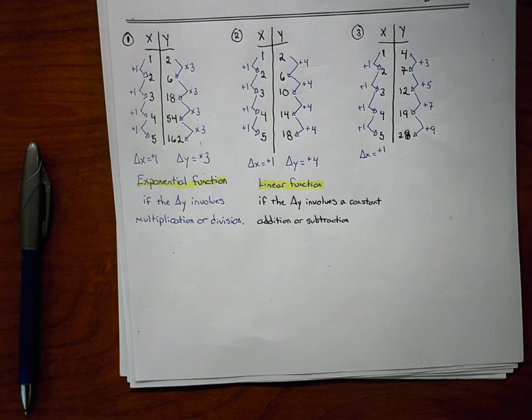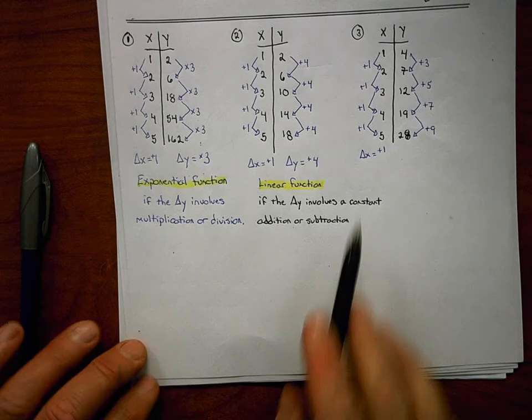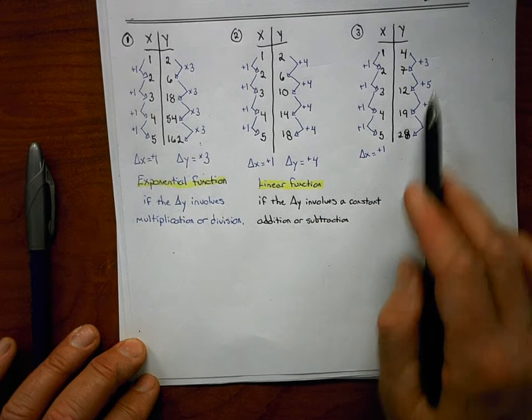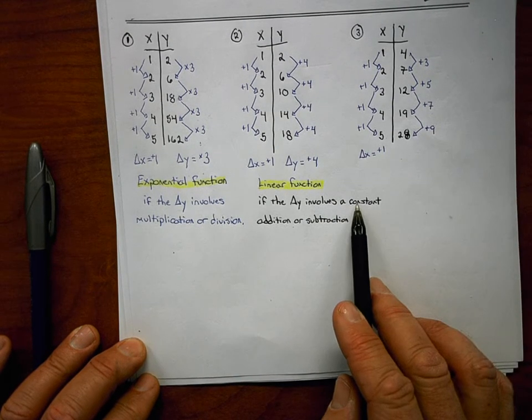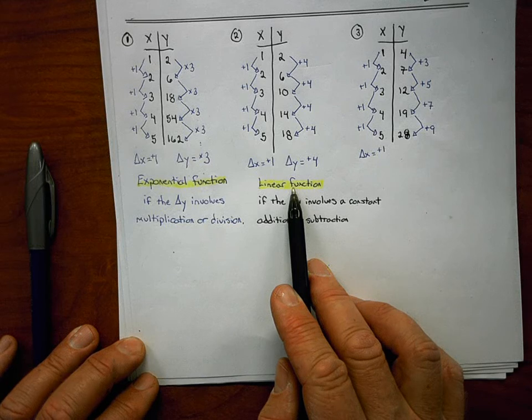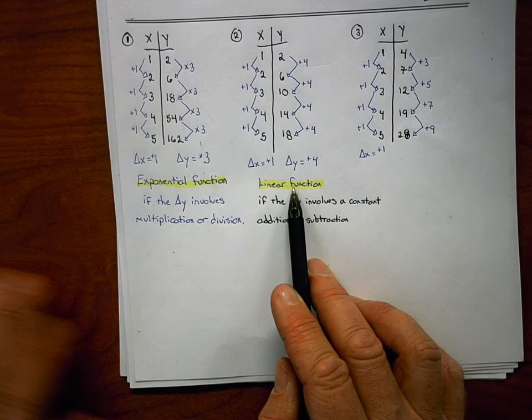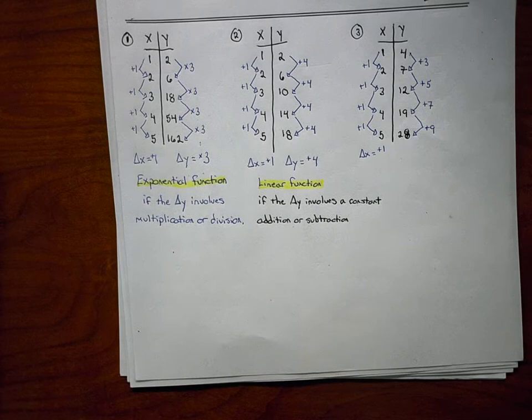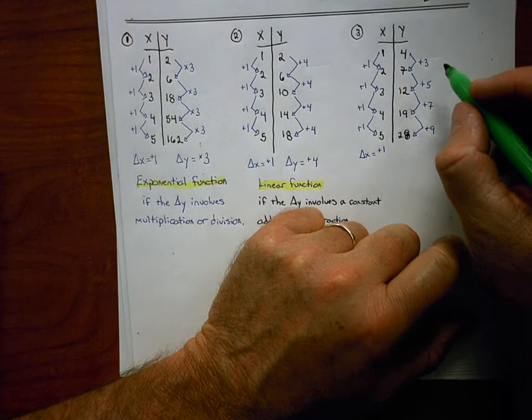So you guys, what's the delta y? Well, first of all, is it a constant? No. So it involves addition, but it's not constant. So could it be linear? No. But here's what you do. Watch this. This is cool. We are going to look at the second delta y.